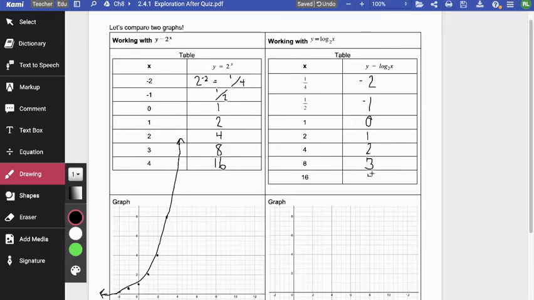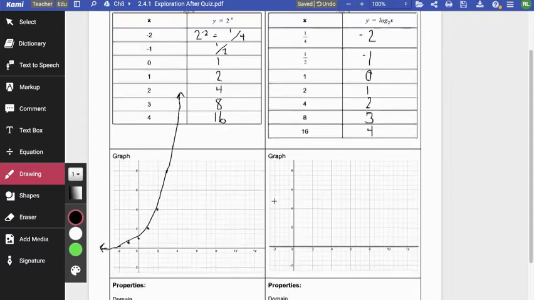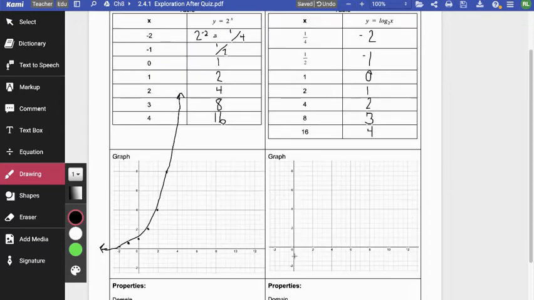And so as we start to look at our graph, and we're going to plug those in, if x is 1/4, we'll have a spot about here. If x is 1, it will be at 0.